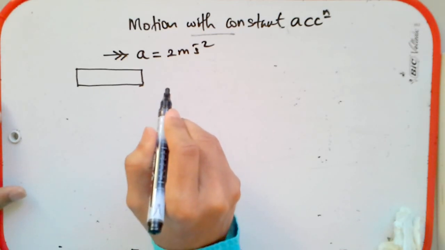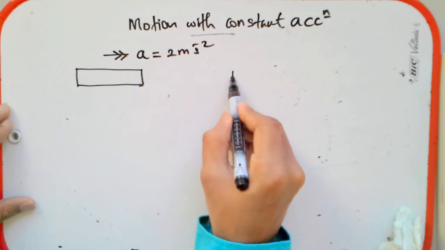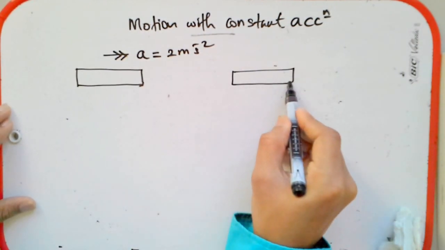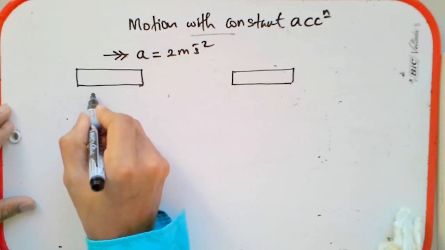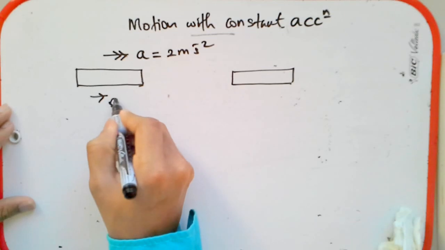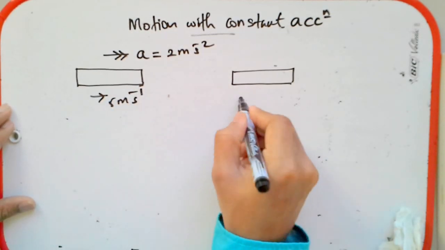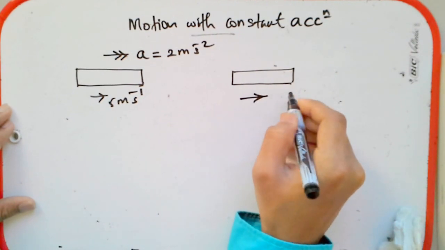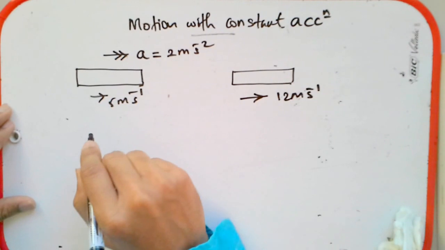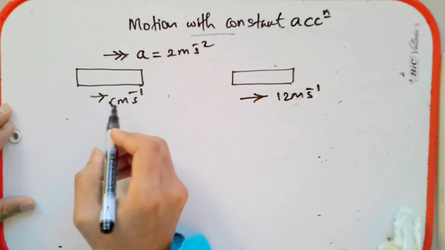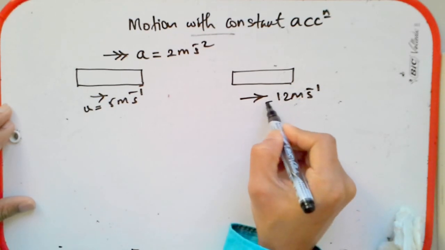The question is the time taken. You need to find the time. So let's assume here the speed is 5 m/s, the initial speed, and the final speed is, say, 12 m/s. So I will use this as my u and this is my v.